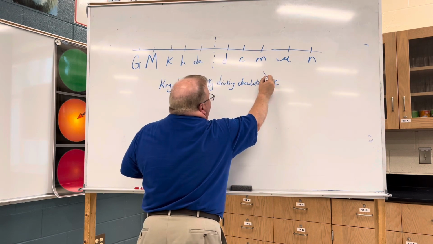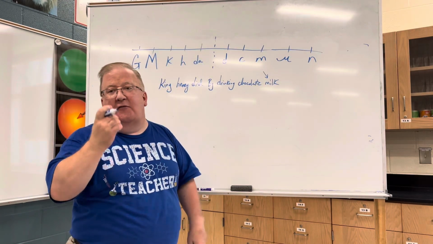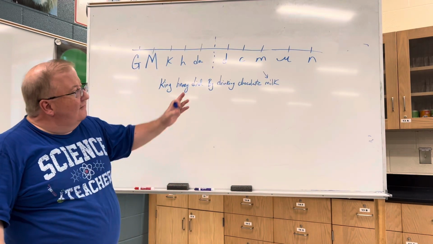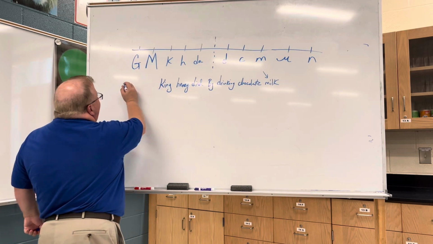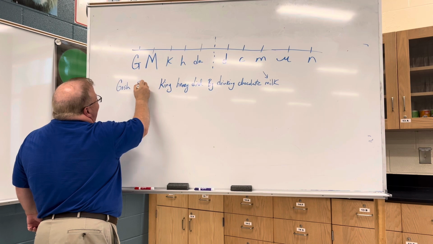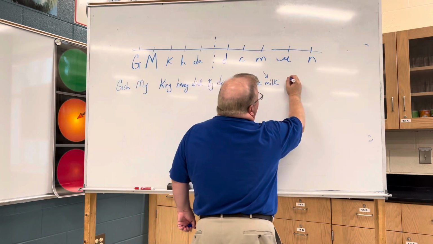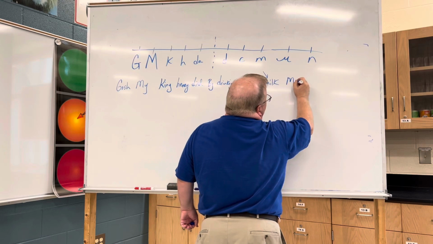Then we just added our own little helpful way of remembering giga and mega and micro and nano. So you could say, gosh, or goodness, my King Henry died by drinking chocolate milk. And then we added Monday night for micro and nano.